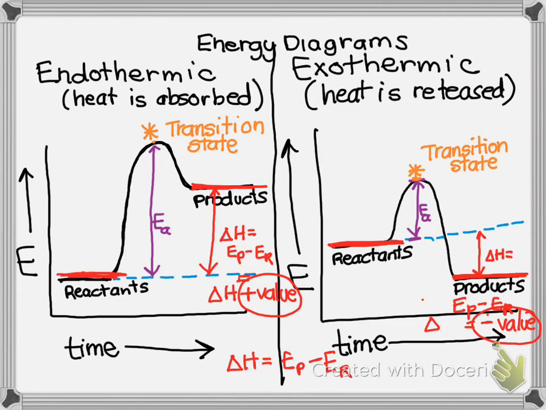So for an exothermic reaction, delta H has a negative value because the products are lower in energy than the reactants. So see, in the first video, I just told you that, but now you can start to visualize and understand why. So for me, these energy diagrams help me visually remember some of the things that we learned initially about energy and reactions.